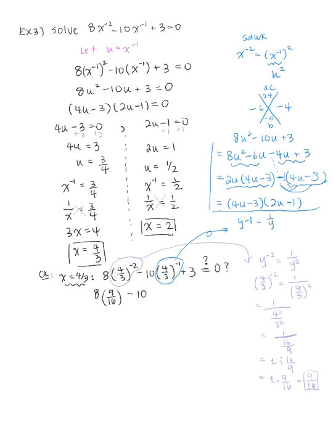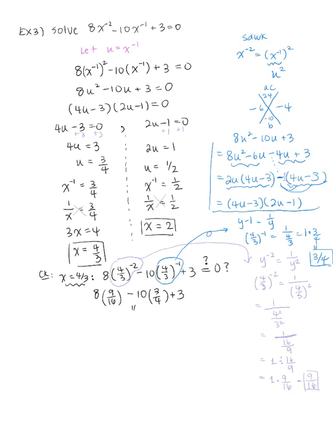Now pretend that y is 4/3. Then 4/3 to the negative 1 becomes 1 over 4/3, which is the same thing as 1 divided by 4 over 3. So this is the same thing as 1 times 3 over 4, which gives us 3 over 4. So here I can write this as minus 10 times 3 over 4 and then plus 3.